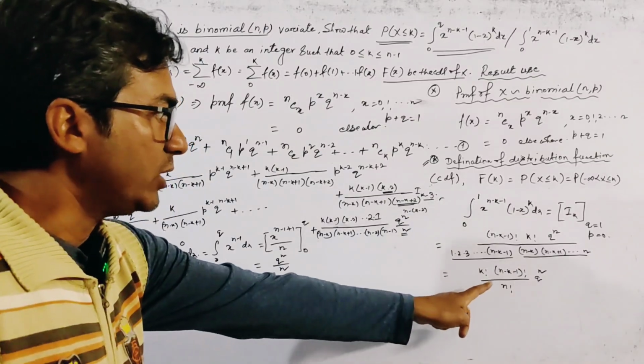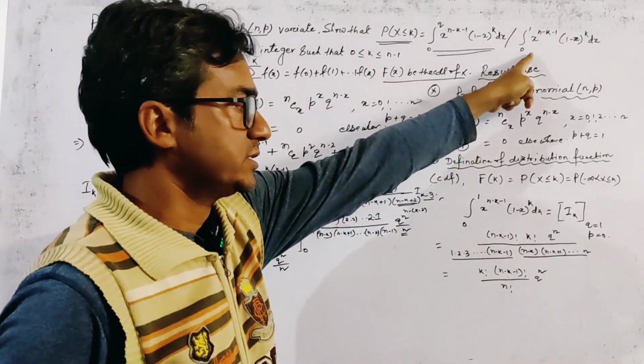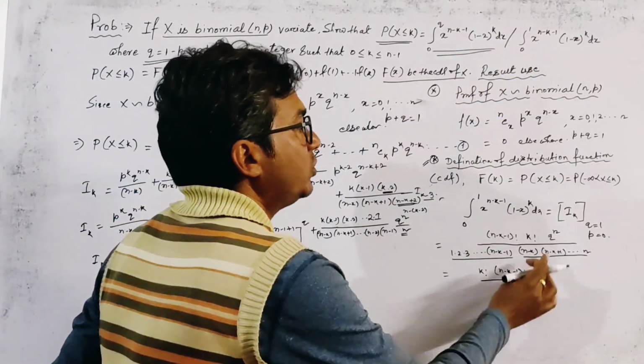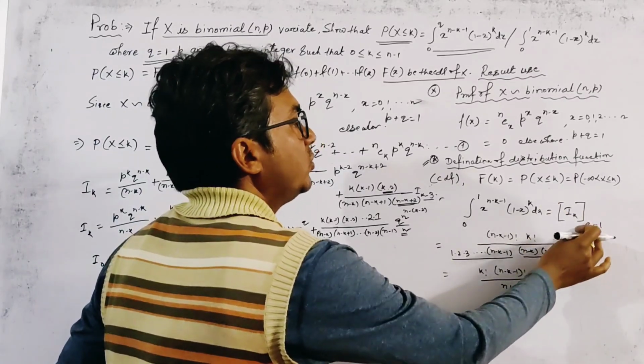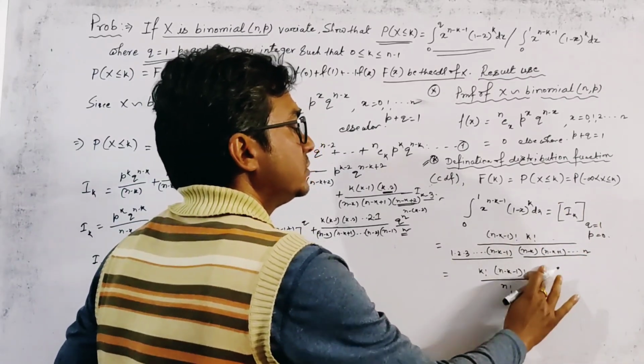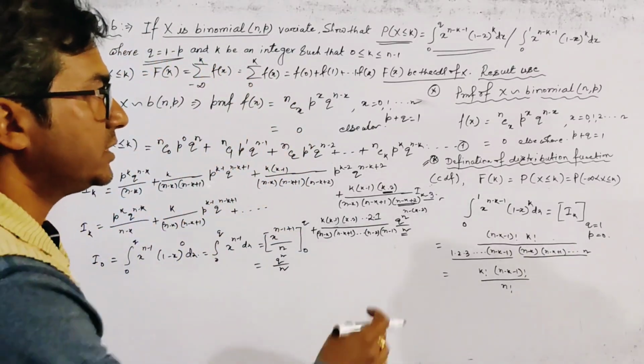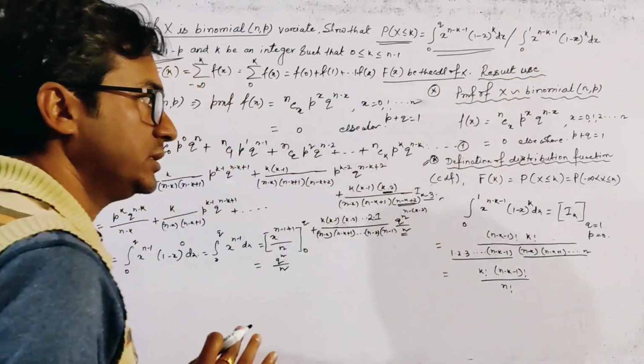Okay, this is the value of the lower integration, and here also q is 1, so this is 1. Okay, we get the lower integration is this.